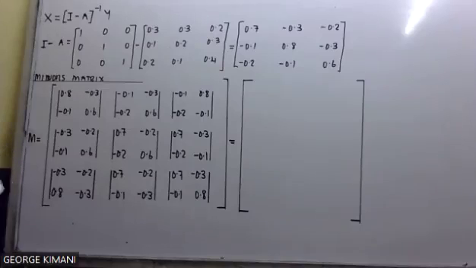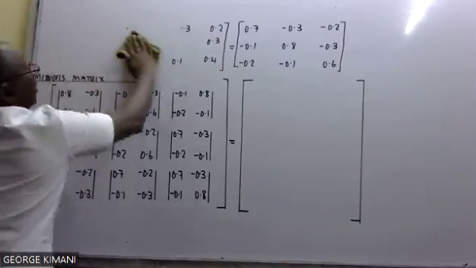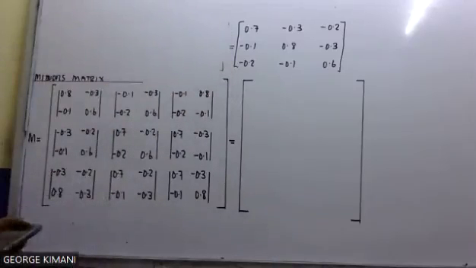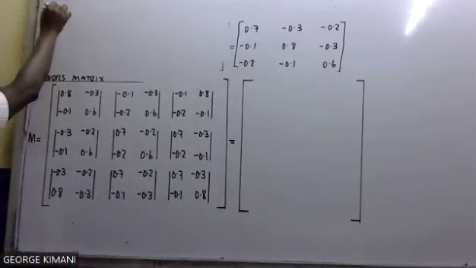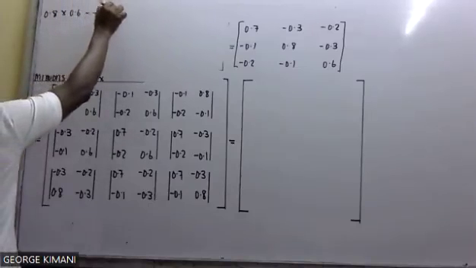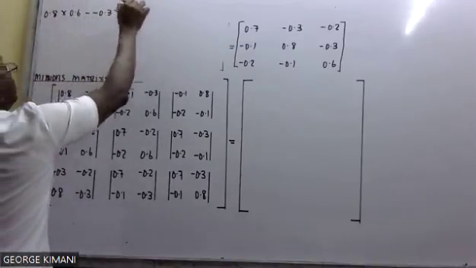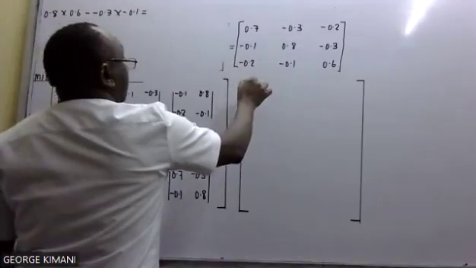I don't know what's happening. 0.8 times 0.6 minus 0.3 times minus 0.1. Yeah, it's 0.45. Good.